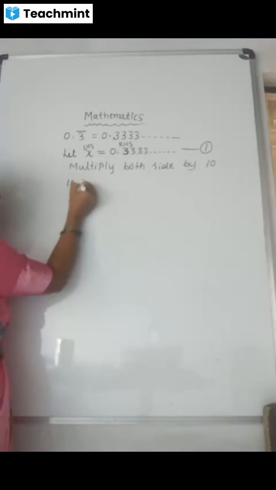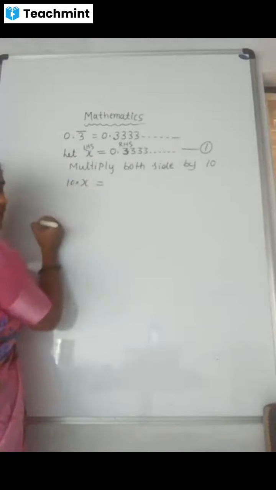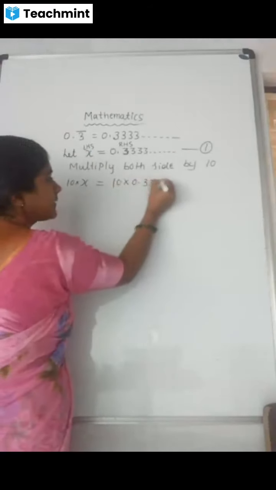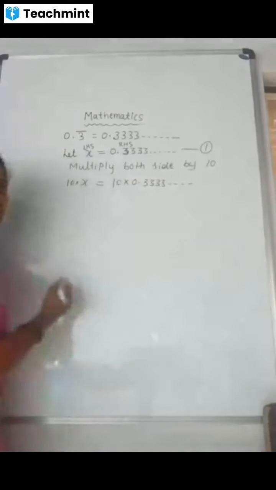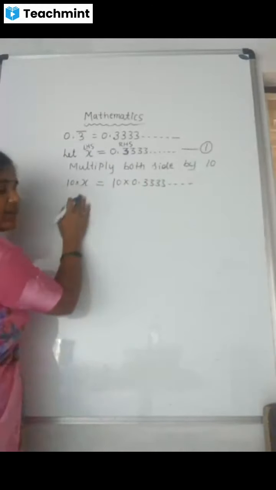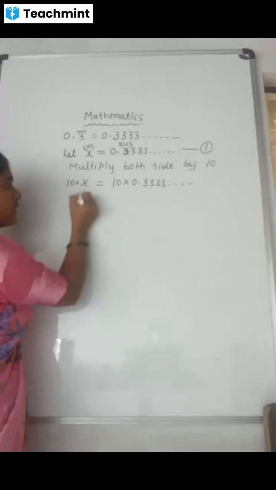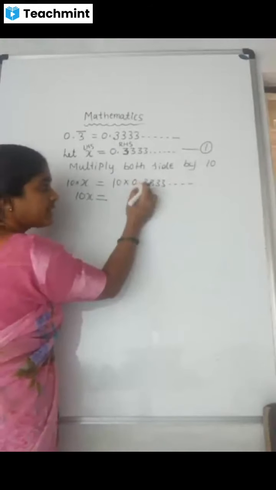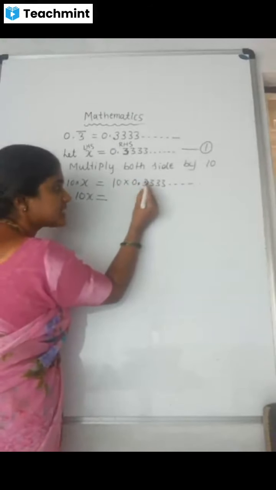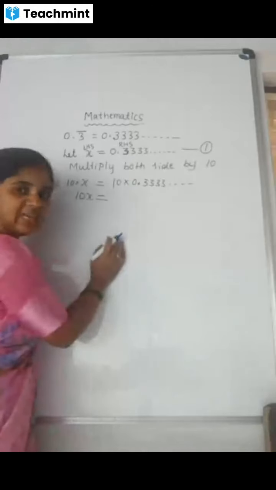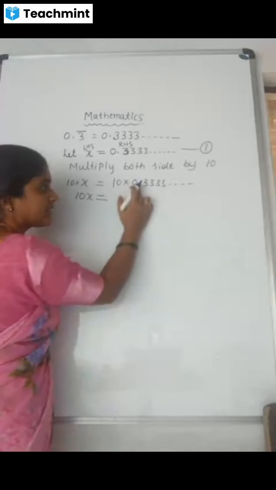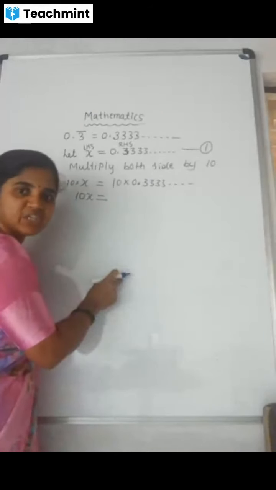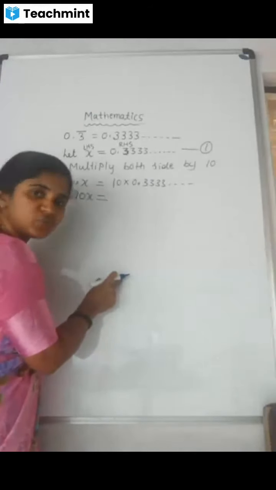So now 10 into x, which is equal to 10 into 0.333 so on. Got the idea? Mataji, why 10? Next, 10 into x is 10x, and 10 into 0.333, the decimal point just shifts to this place after multiplying by 10, so that we get the fraction form of this 0.3333 so on.